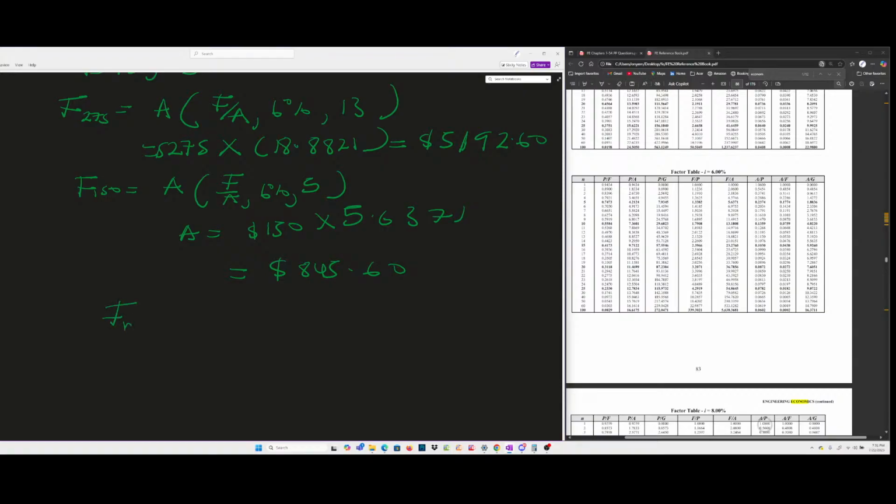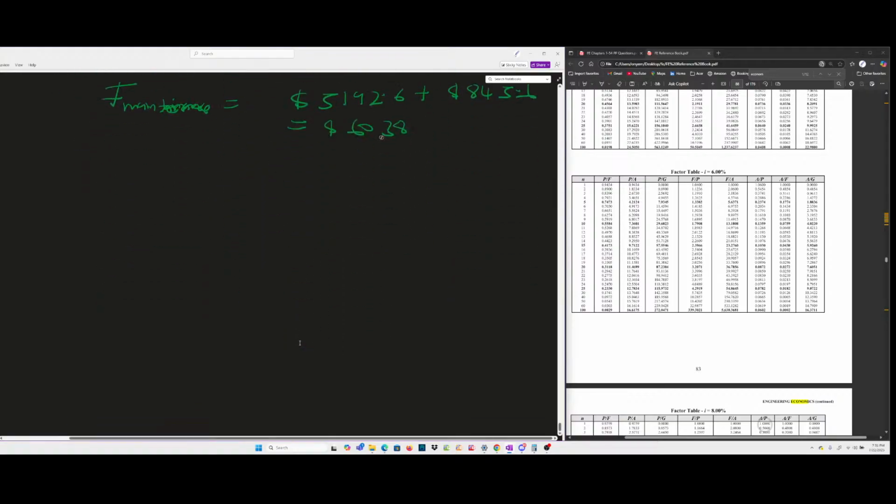Then for the future maintenance, we're going to add both. Maintenance, I don't know why I always spell this wrong. It's going to give us 5,192.6 plus 845.6, which gives us 6,038.